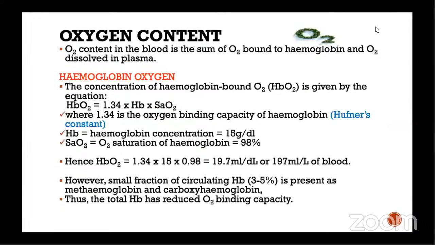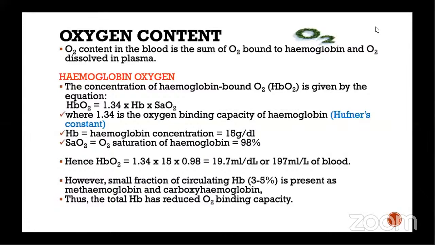Now let's look at oxygen content, which simply means the sum of oxygen that is bound to the hemoglobin as well as the amount in the plasma. We'll do some arithmetic calculation to determine what the blood contains. Now, we use an equation.